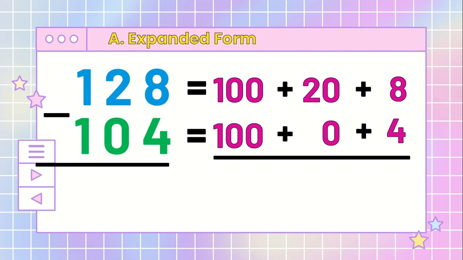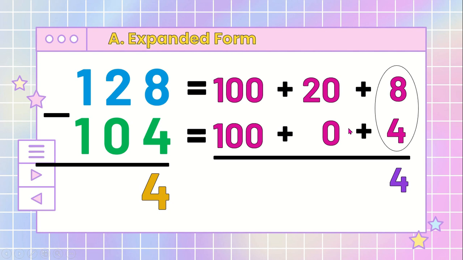We subtract place by place. We have here 8 minus 4 is equal to, what is the answer? Okay, very good. It's 4. So the same with here: 8 minus 4 is equal to 4.